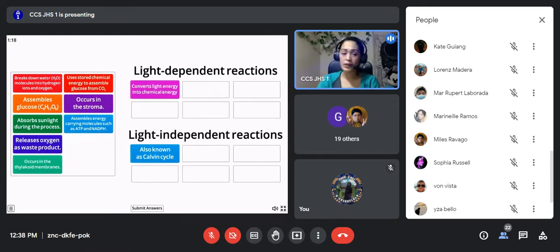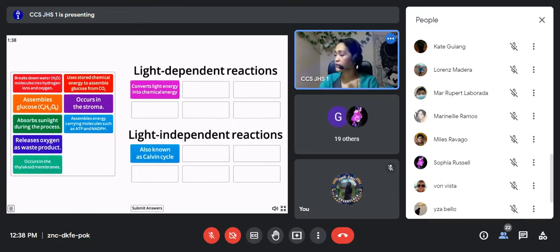Anybody else who wants to try? So we still have 8 statements here. We have breaks down water, stored chemical energy, assembles glucose, occurs in the stroma, absorbs light during the process, assembles energy, release oxygen as waste product, and occurs in the thylakoid membrane.